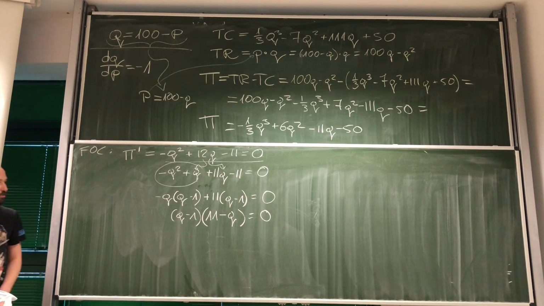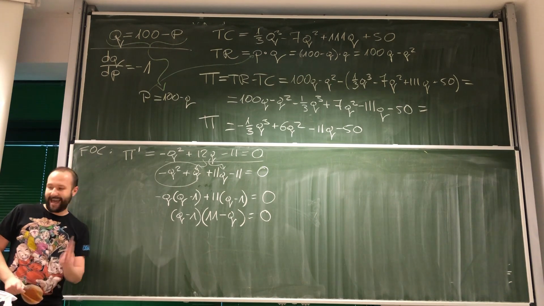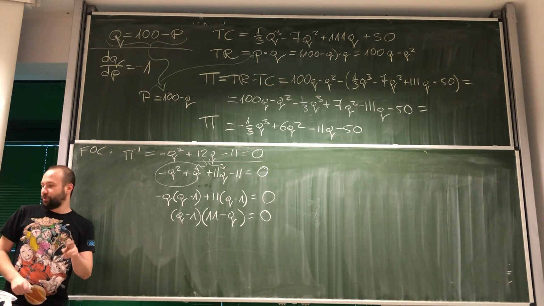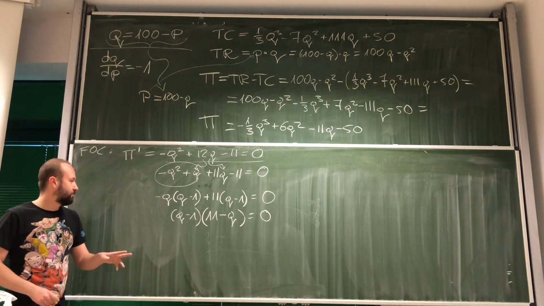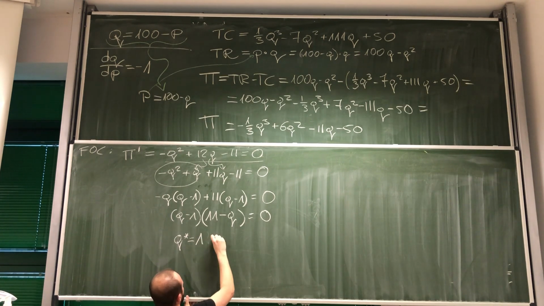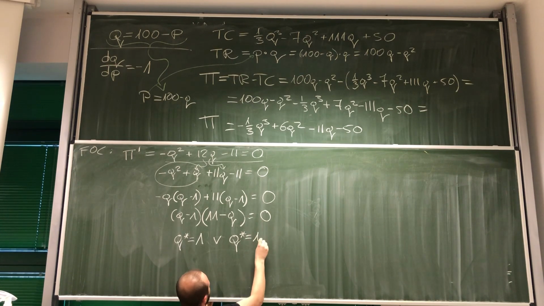And look, out of this, right away we see that we will have two candidates for maximum over here. First candidate is going to be q = 1, and the second one, q = 11.